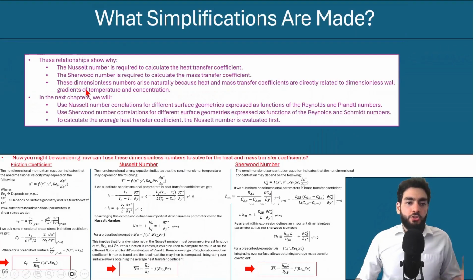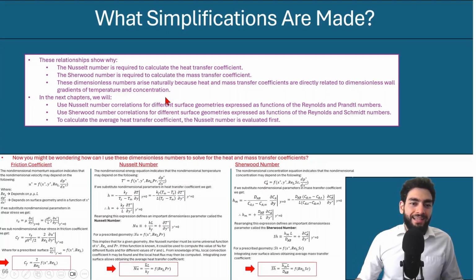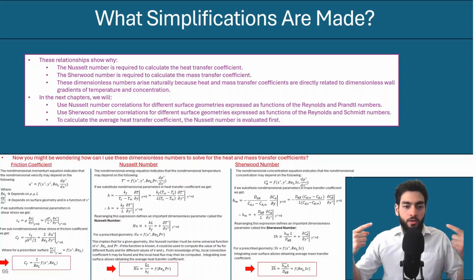So these dimensionless numbers allow you to calculate the mass and heat transfer coefficients because of how they relate to the gradients.